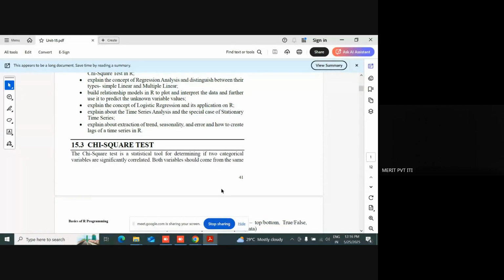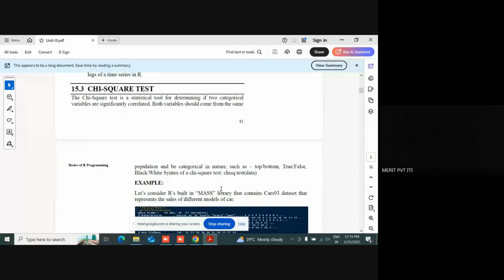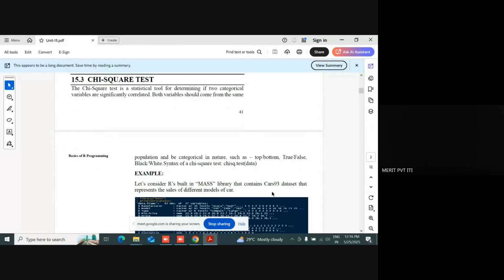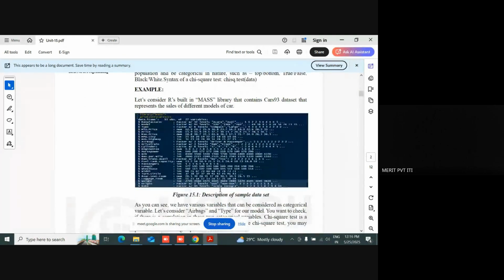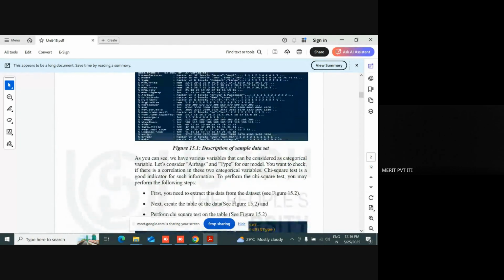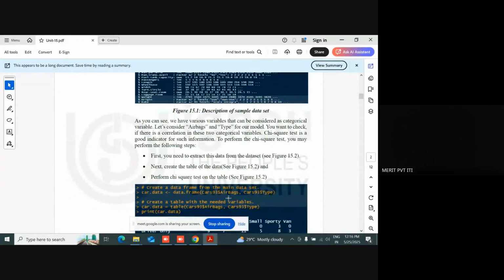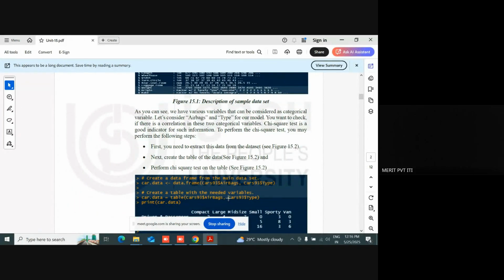Now, what is chi-square test? It's a math library that contains a program, and you get the result, description of the sample data set. Here it performs the chi-square test on the table.